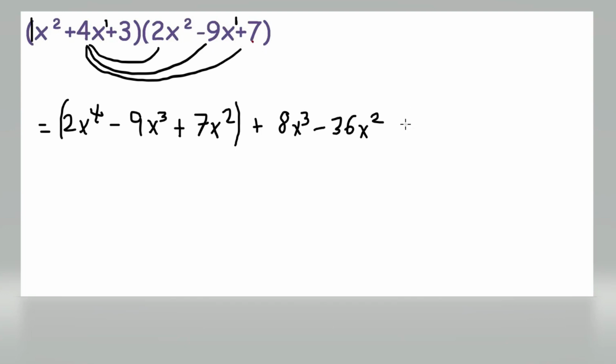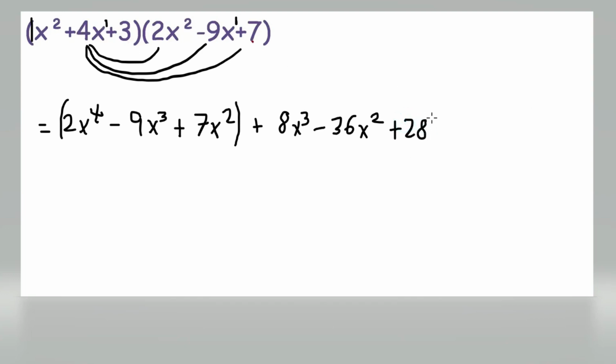And next ay 4x times 7. So, coefficient and a constant. Pero walang variable to. So, pag ganito ulit, recall natin is copy lang natin yung variable. Coefficients muna. So, 7 times the coefficient 4 is positive 28.